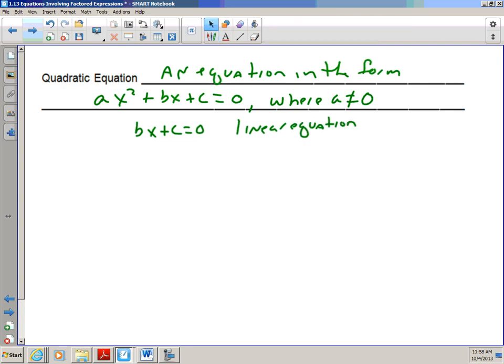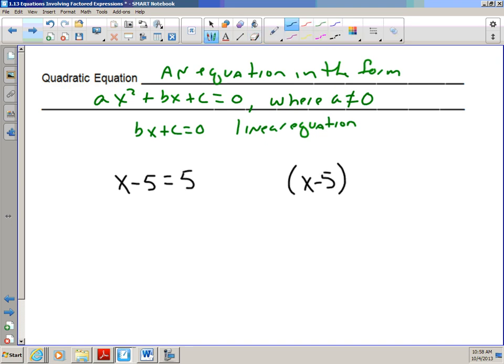Okay, last part. Let's say I have the following two equations. I'm sorry, I want to change that. 10, 5. Make the numbers a little nicer. Well, how did someone, or a student, change this equation, x minus 5 equals 5, to x minus 5 squared equals 25?